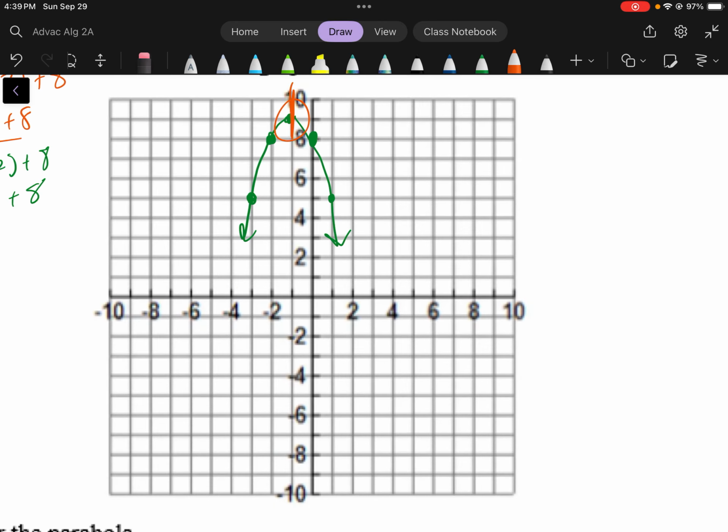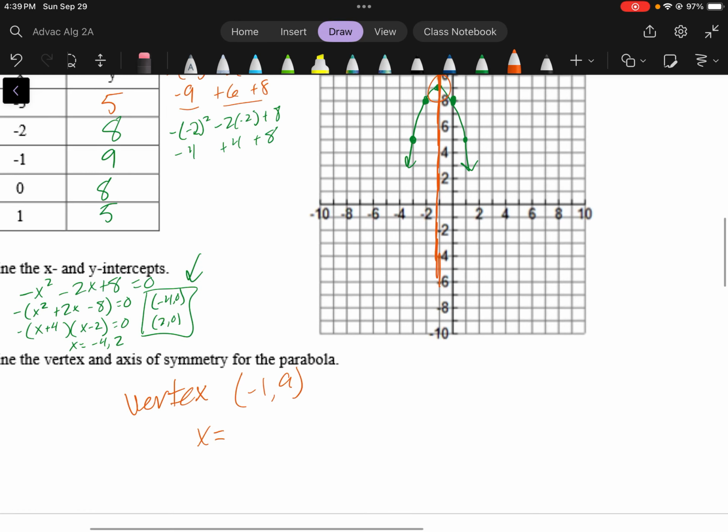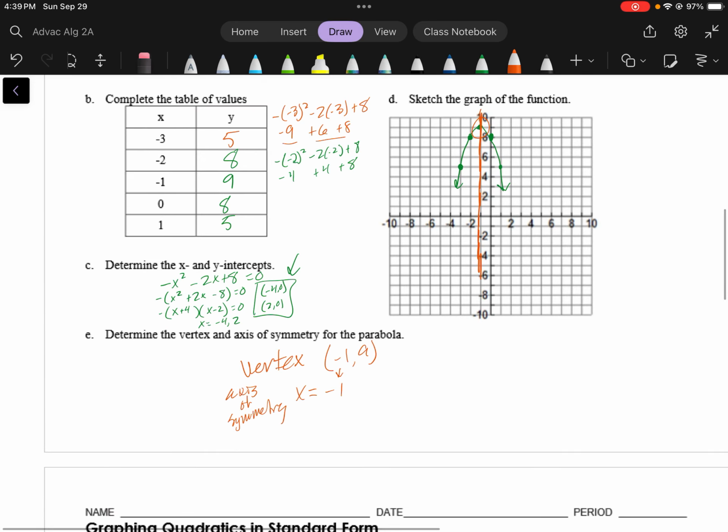So it's going to be the x value of the vertex. So x equals -1 for our axis of symmetry. Okay, so there's all those pieces.